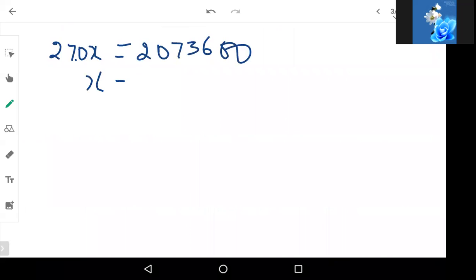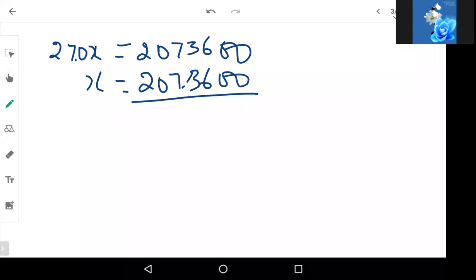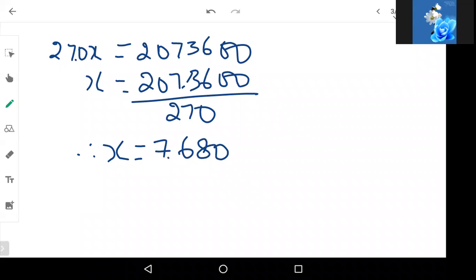So x is equal to 2073600 divided by 270. So therefore x is equal to 7680. So if 8 carpenters work for 12 days, and 6 hours every day, they will be getting 7680 rupees as the total wages. So write that in the conclusion.